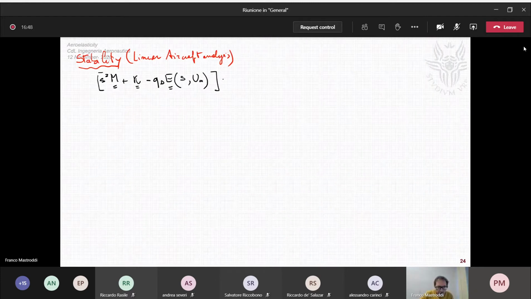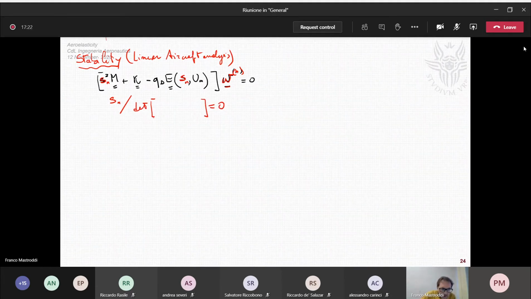Our equation is reduced to solving for the value Sn and the eigenvector W. We have to find Sn such that the determinant of this equation is 0, and then we go back here to find the eigenvector.